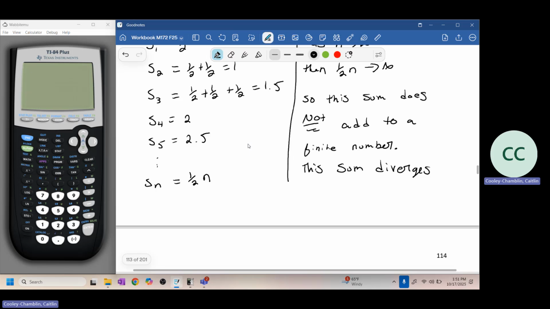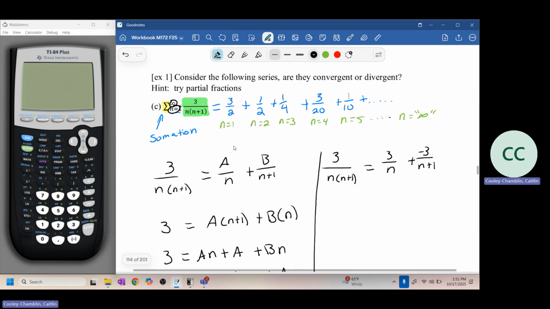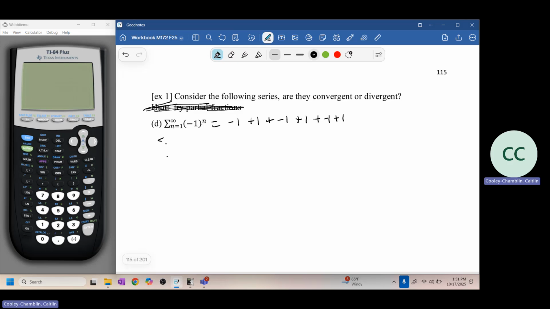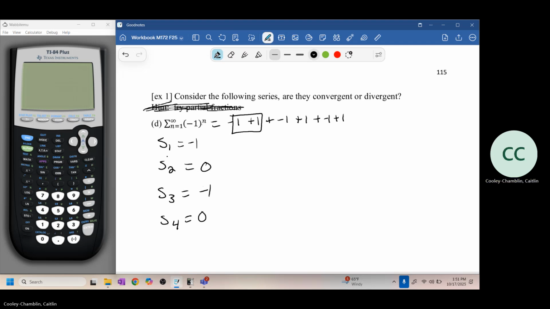But let's see what happens when we start adding them together. So we have S1 where we sum the first term, and we get negative 1. If I add the first 2 terms, I get 0. First 3 terms, I get negative 1. 4 terms, I get 0.